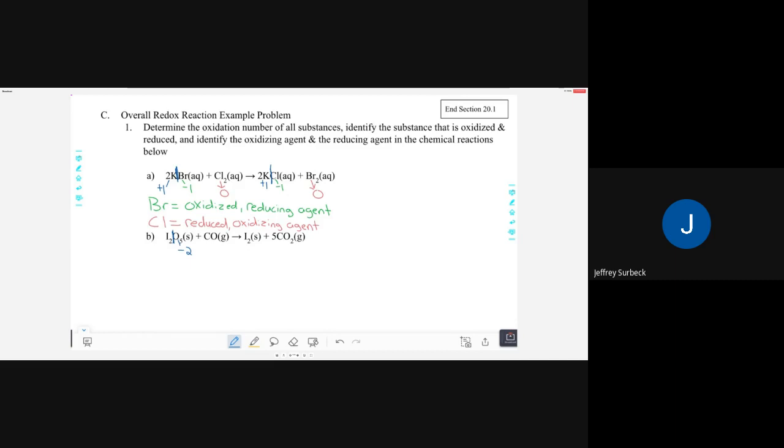Positive 5. If you have something that's negative, you're going to have something that's positive in that. So choose positive. -2 times 5, -10. We have to cancel out the charges. That's the term I should have used. Cancel out. So that makes sense why it's a positive 5. Okay. So we got a positive 5.